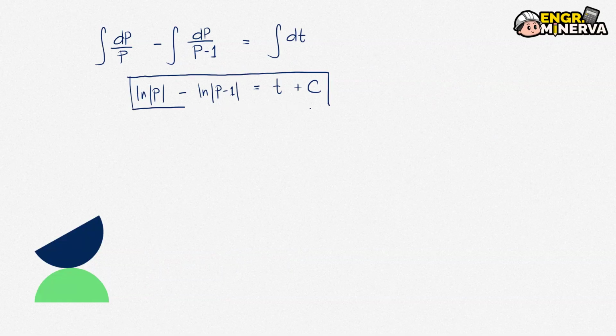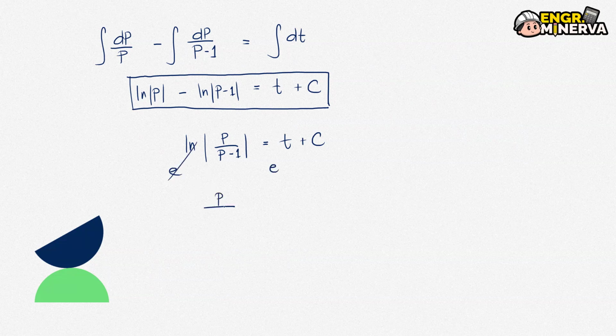But again, if you want to simplify further or isolate p and make it an explicit solution, we can combine the natural log function. Since it is subtraction, that would be p over p minus 1 equals t plus c. And that would be e raised to the whole equation.